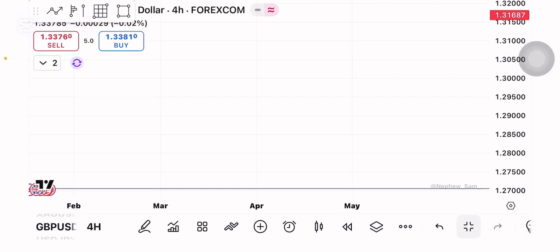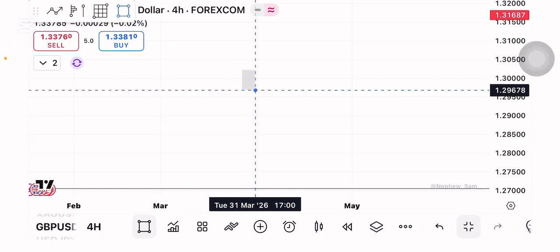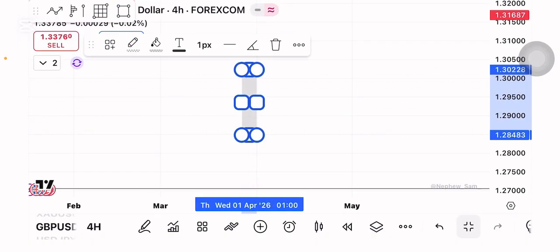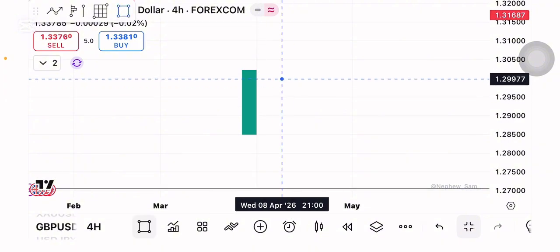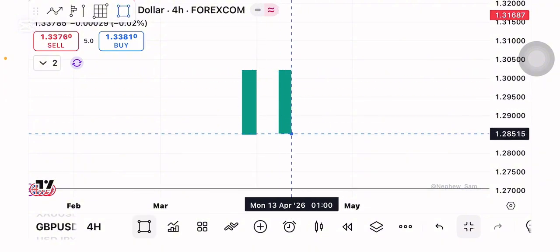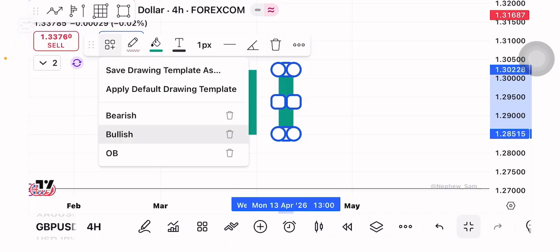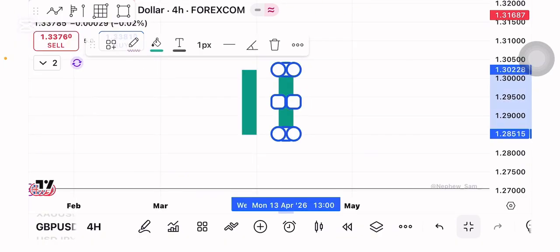if you just downloaded your TradingView, because that's what we use in analyzing the market, for some persons your candlestick color will be green and red. The green signifies bullish while red signifies bearish. So this is your bullish, and this is your bearish.